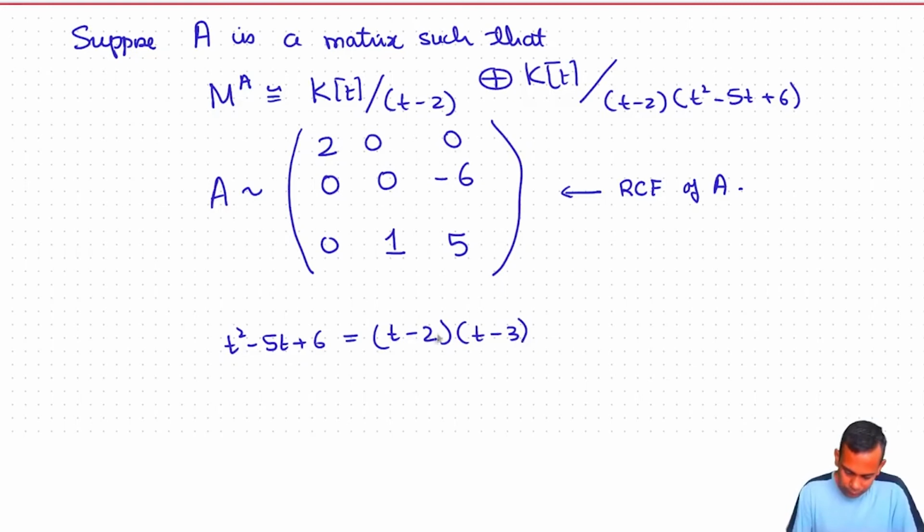So, what if we want to break this up into primary parts? We need to separate out the t minus 2 primary part and the t minus 3 primary part.